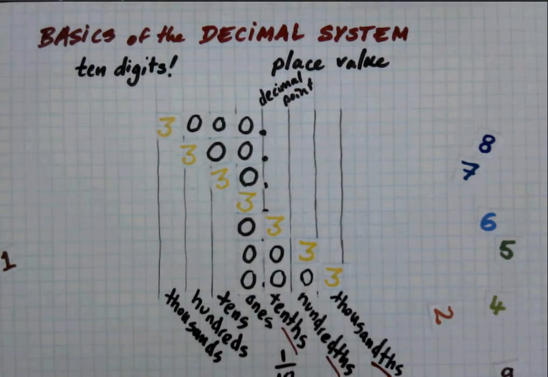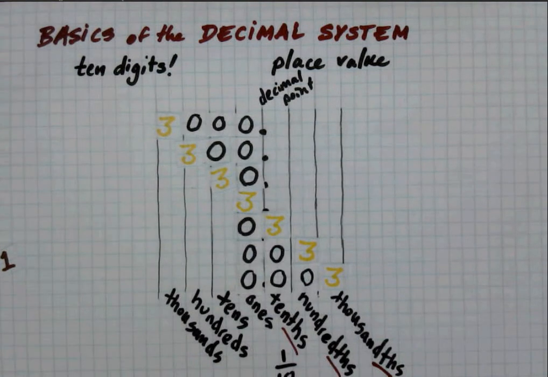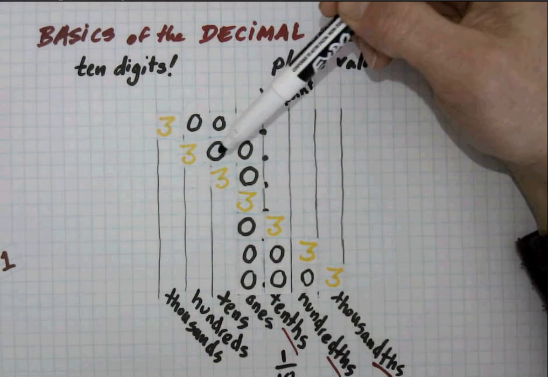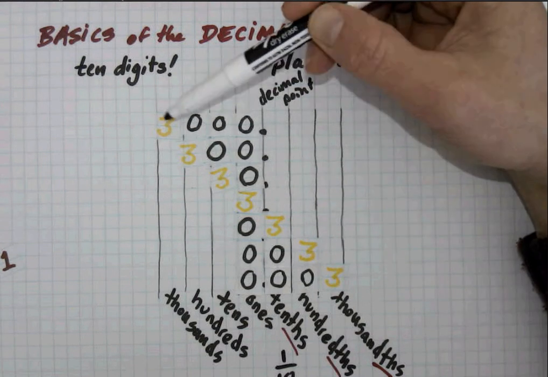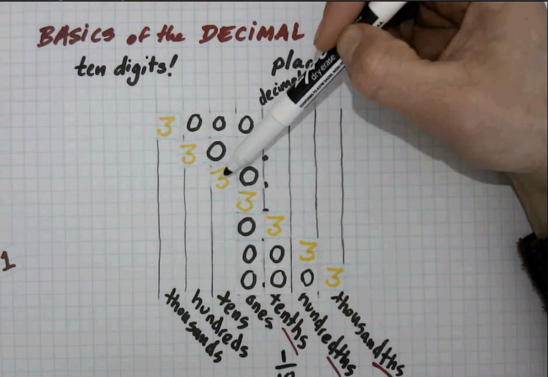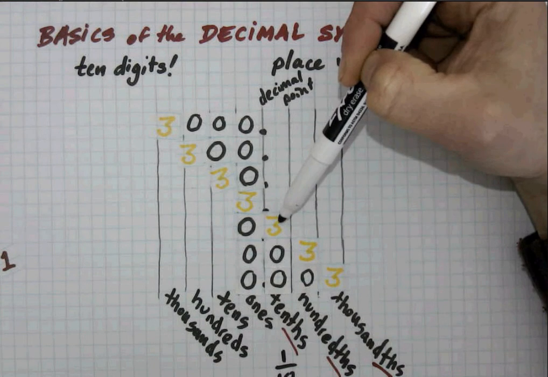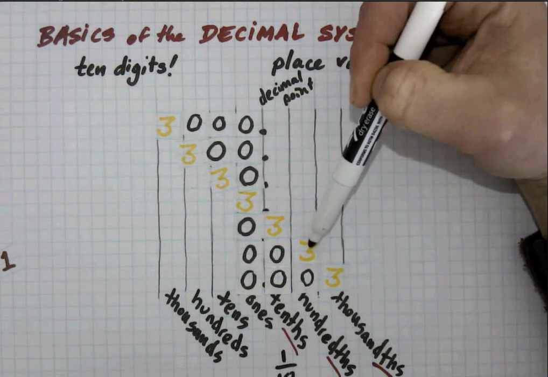So 10, 100, 1,000, 10,000, 100,000, 1,000,000. So this number is 1,000,000 times smaller than this one. Thanks for watching.